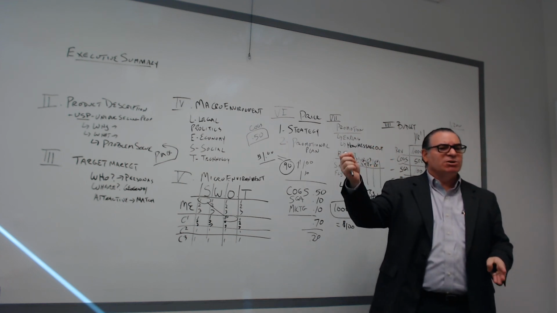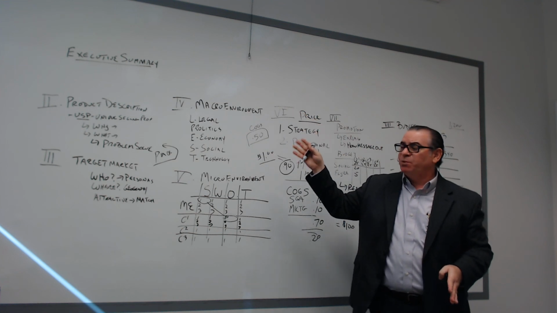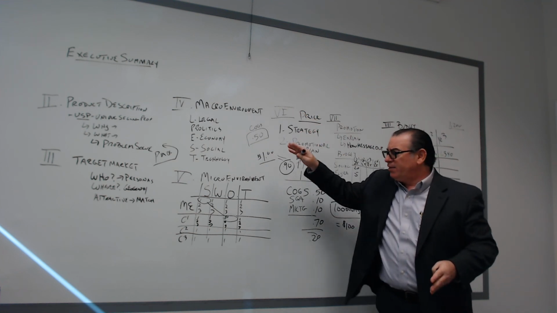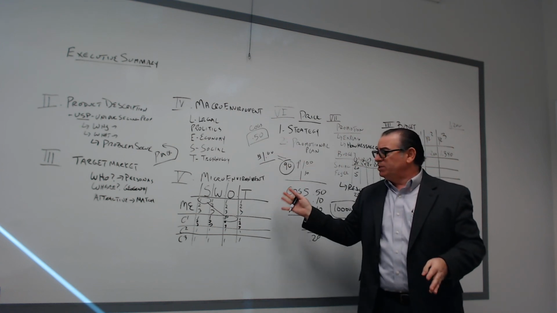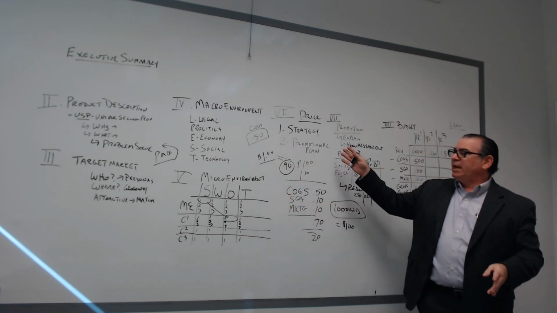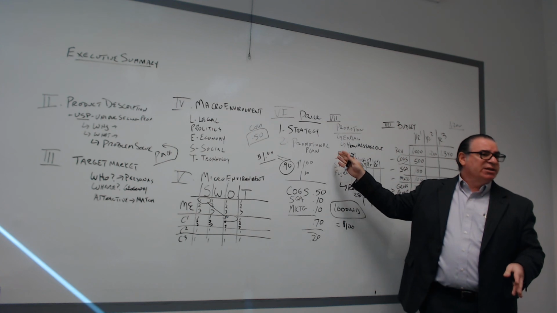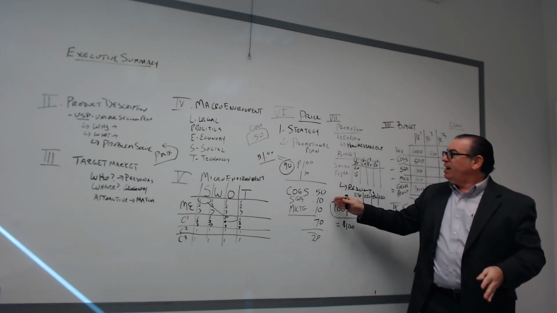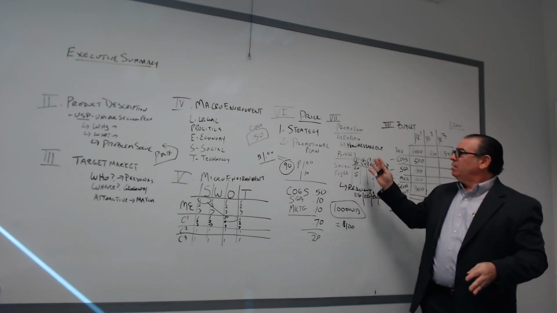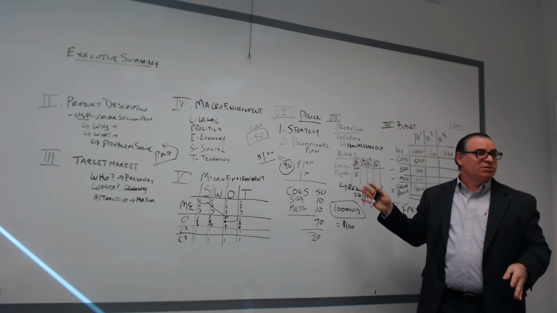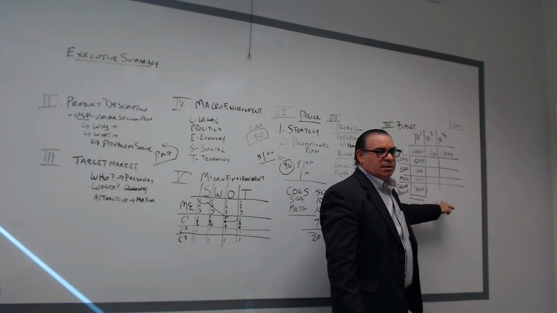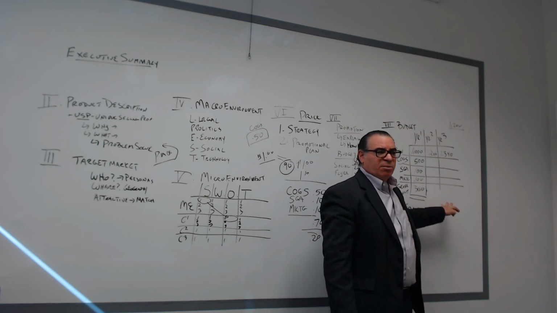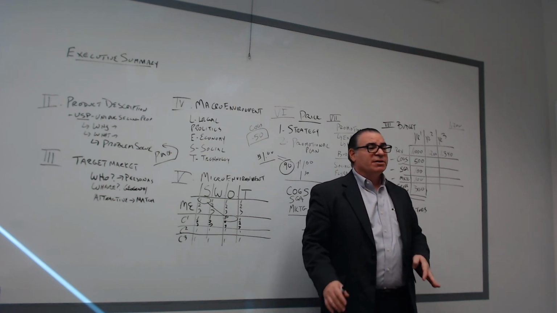If something's going to affect my business, I'm explaining that here in the executive summary, and then I'm sliding into my competition. What does that competition look like? And then I'm looking at the price, what my pricing strategy is, how I will price my product, how much money I think I'll make, what my promotional plan will be, how much I'll spend, and then at the end of the day, by year 3, I'll be making $1 million and $200,000 profit.